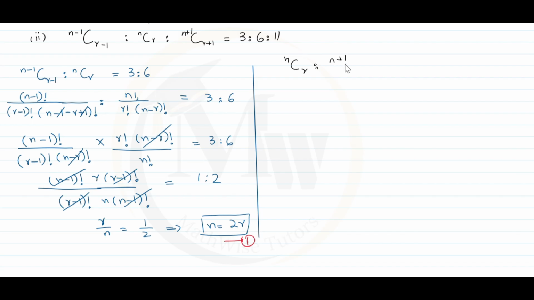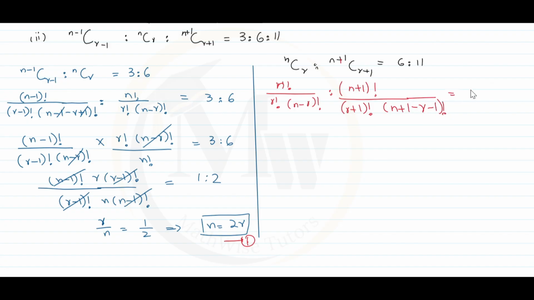nCr ratio (n+1)C(r+1) equals 6 ratio 11. Now open it up: n factorial over r factorial times (n-r) factorial, over (n+1) factorial over (r+1) factorial, and the subtraction of those, n plus 1 minus r, and because of the minus it's minus 1 factorial, is equal to 6 ratio 11.